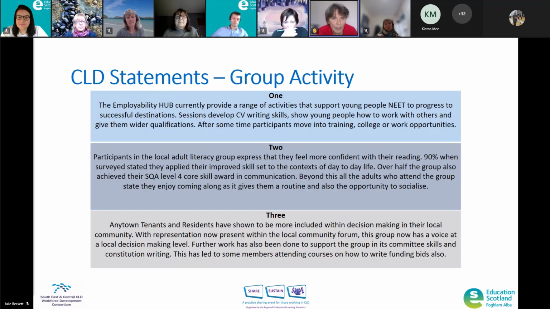Sessions develop comprehensive CV writing skills and show young people how to work effectively with others and give them wider qualifications. And then the last sentence was, after some time, participants move into constructive training, college or work opportunities.